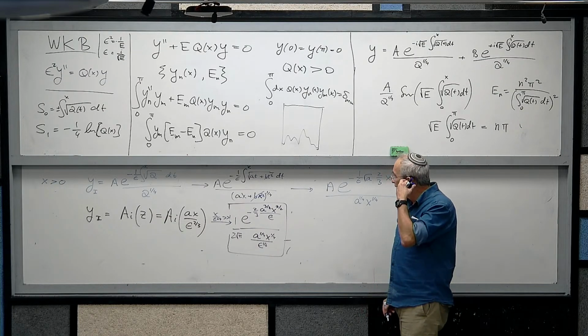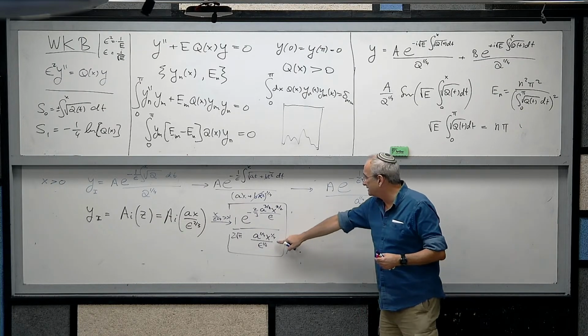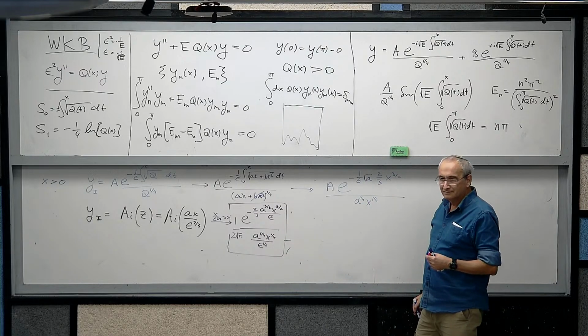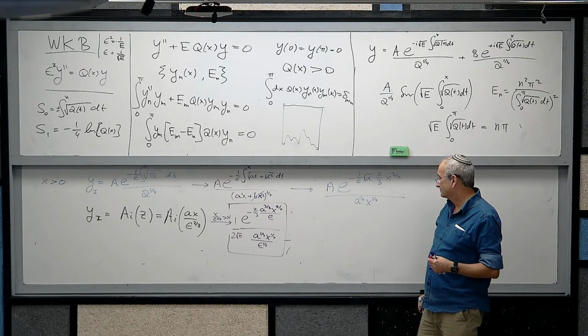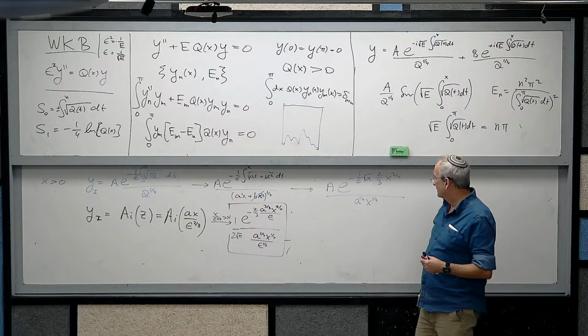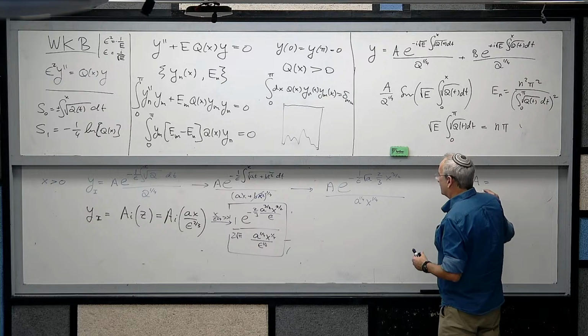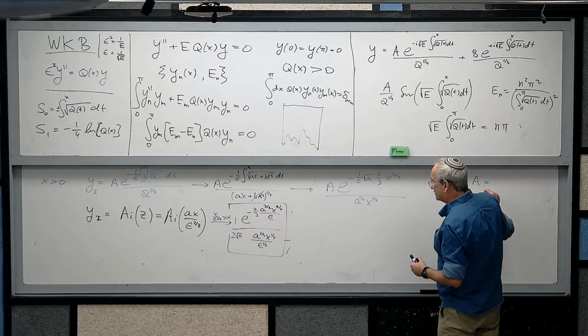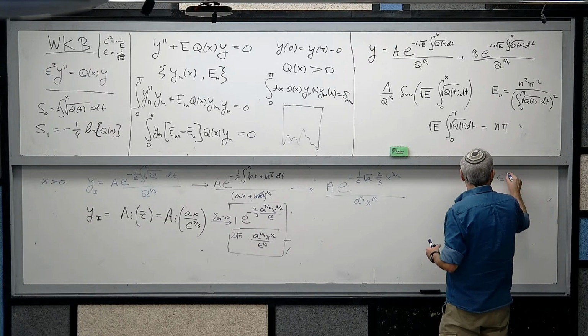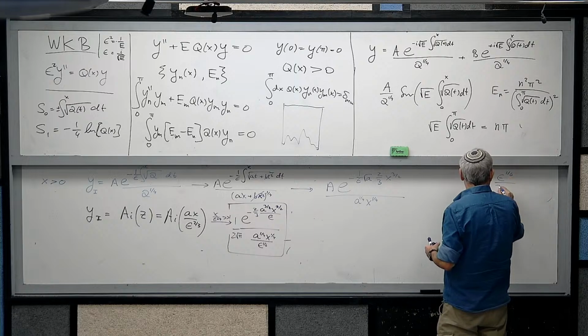So what should I do in order to match this and that? A is equal to epsilon to the 1/6 over 2 square root of pi.